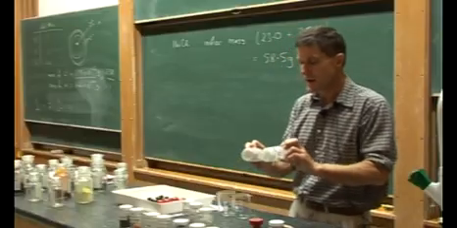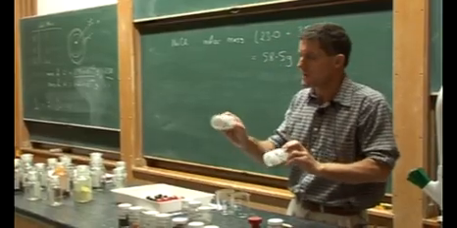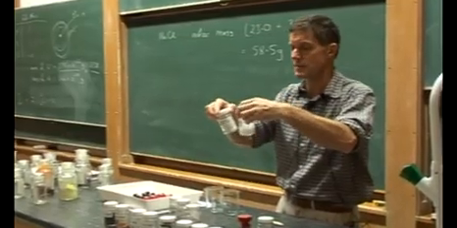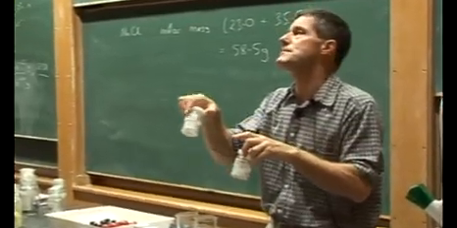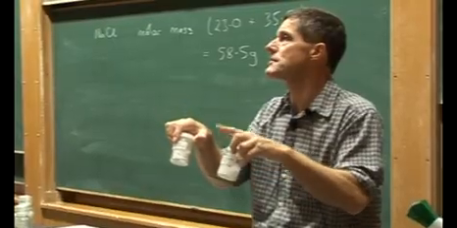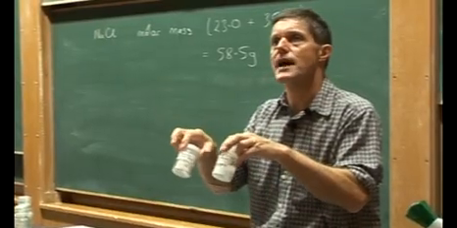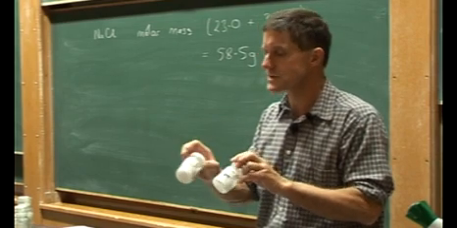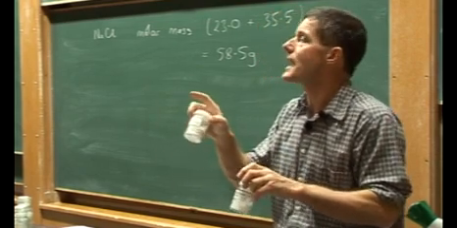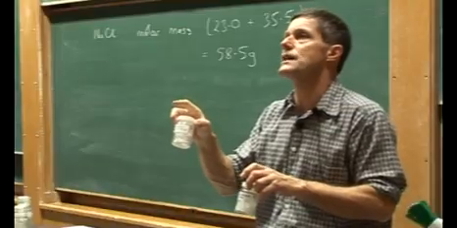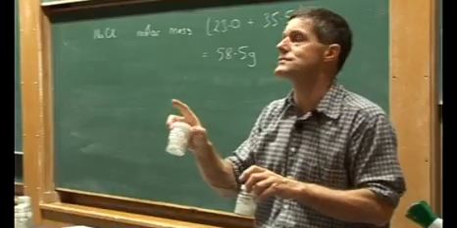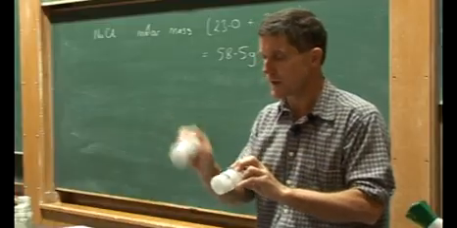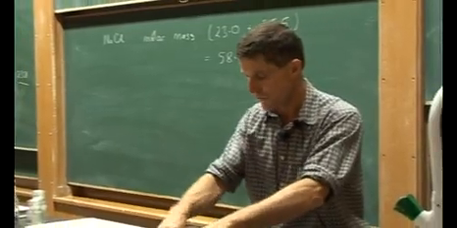Similarly, I can do the same sort of calculation for potassium hydroxide or sodium hydroxide, 2 other materials. Potassium is lower down the periodic table than sodium, so it's no surprise that for the same number of ions, potassium hydroxide is going to be heavier than sodium hydroxide: 56 grams versus 40 grams.